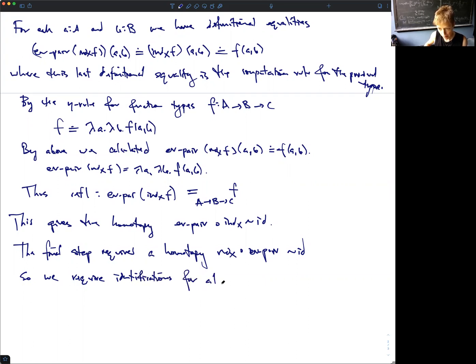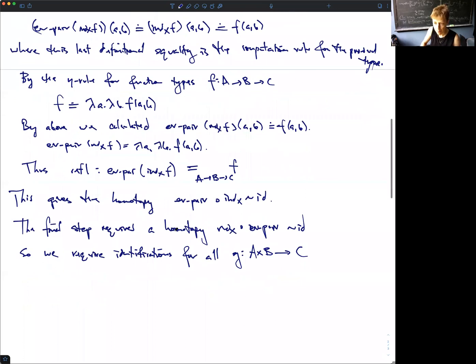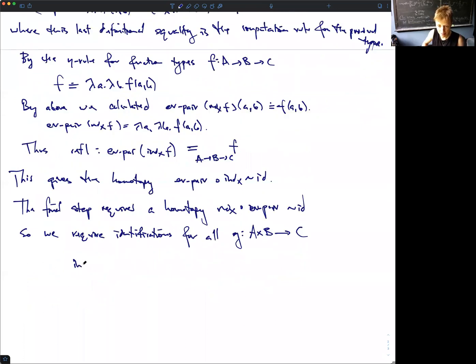For all, and now we're going to consider a term G of type A times B to C, because that's the domain of the ev pair map. So we need an identification between ind x of ev pair of G and G as terms of this type.